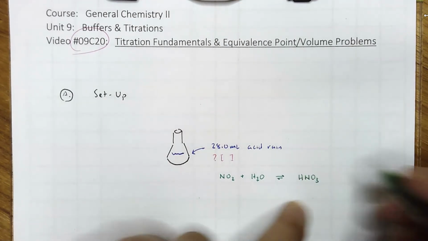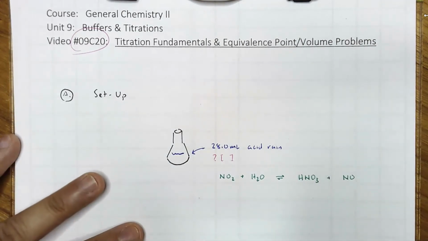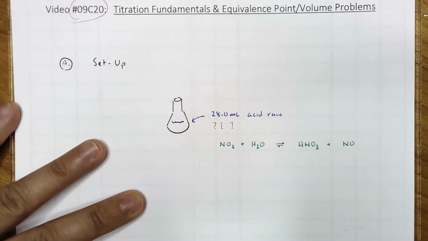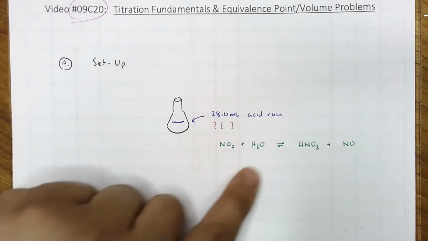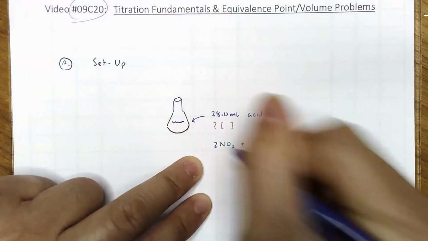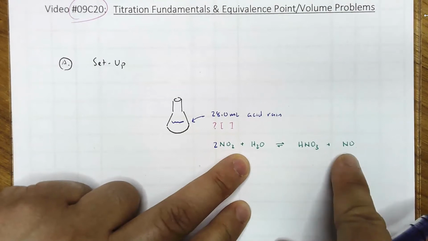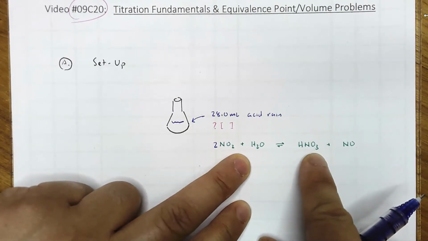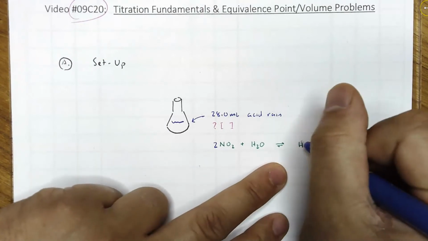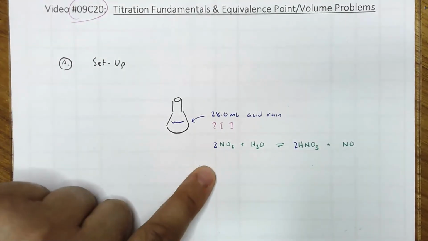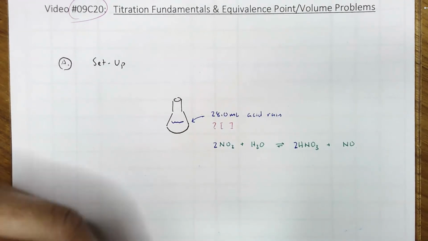HNO3, a strong acid, plus NO. And then the balancing is what? Oh, I should have done this before. How about this? 2 NO, 3 NO2.